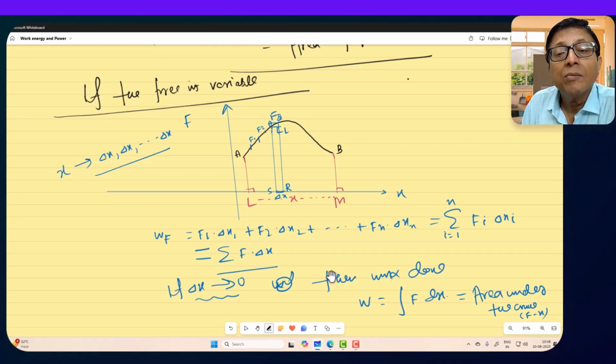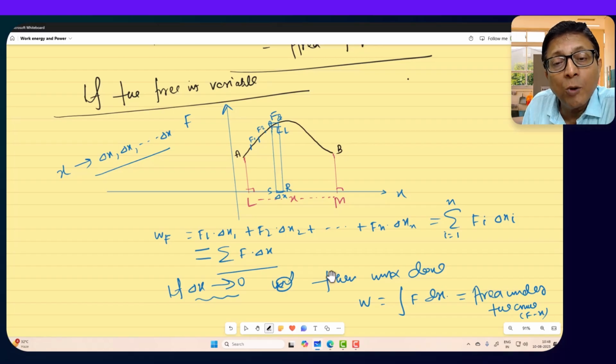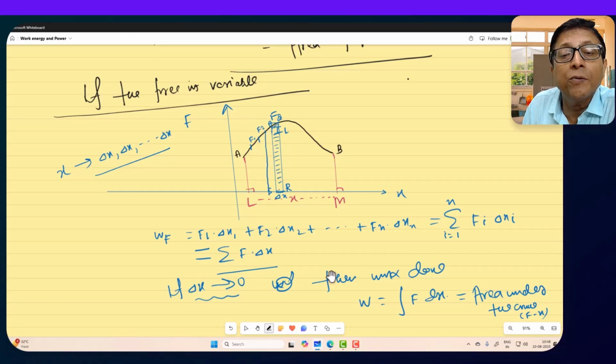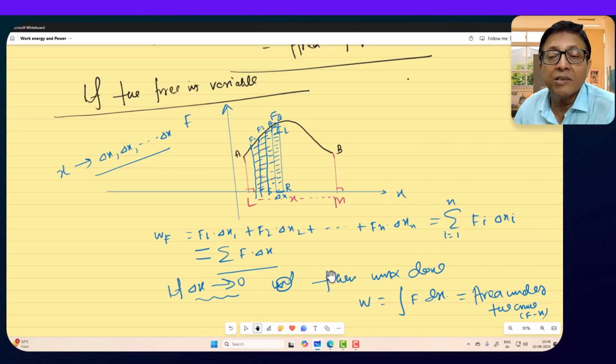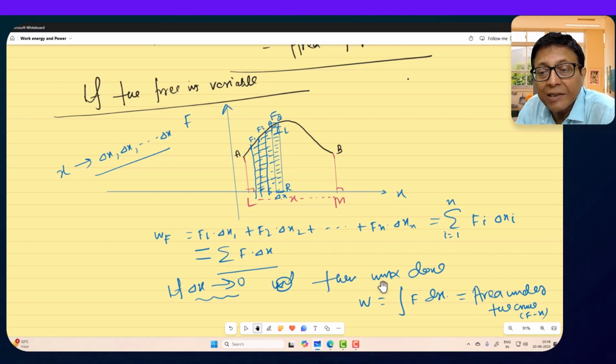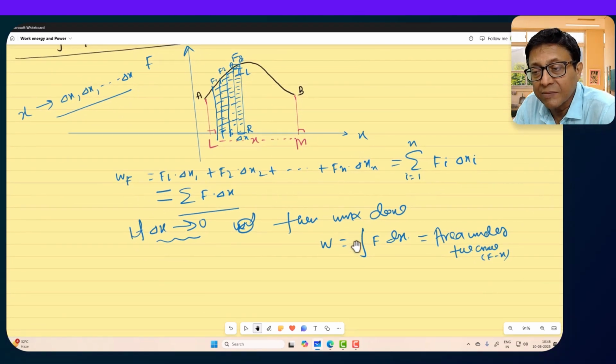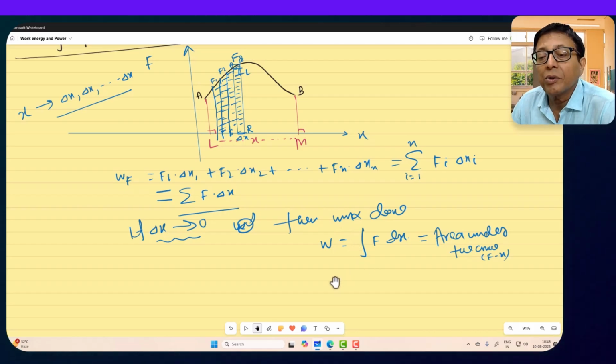So when you take delta x very small, this part represents the area under the curve for this portion, and likewise for the previous portions, as you have taken all those segments very small. So by adding all these areas above the x-axis, I get the area bounded by the curve with the x-axis. That's why I have written W equal to the integral of F into dx, the area under the curve.